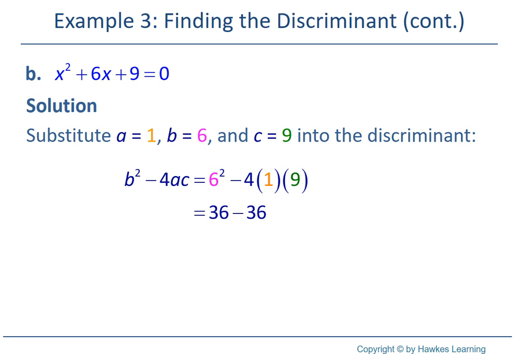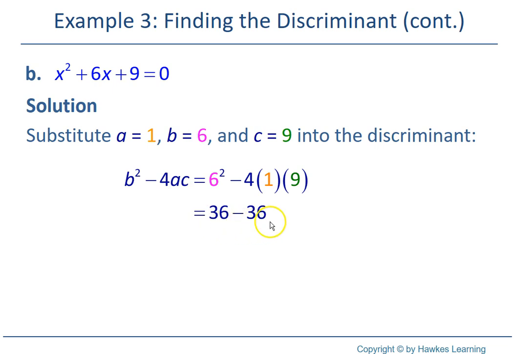So you're going to have the square root of 0, which is a perfect square in a sense, which is 0. So you're only going to get one real number solution. And in fact, if you remember, this was a perfect square trinomial, and where we get two answers, both of them are the same.